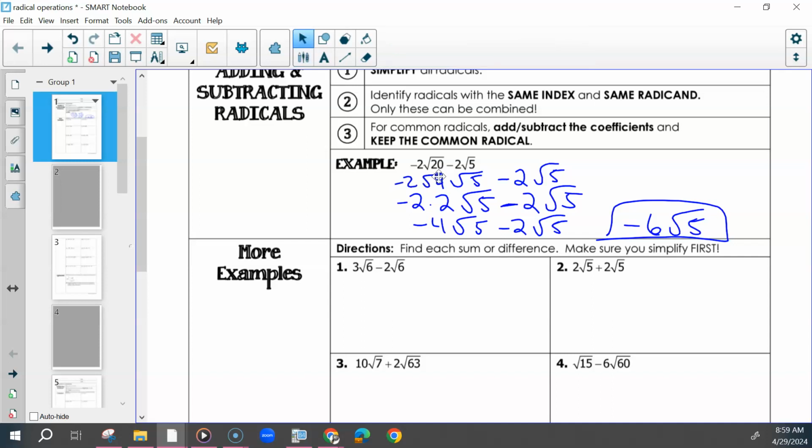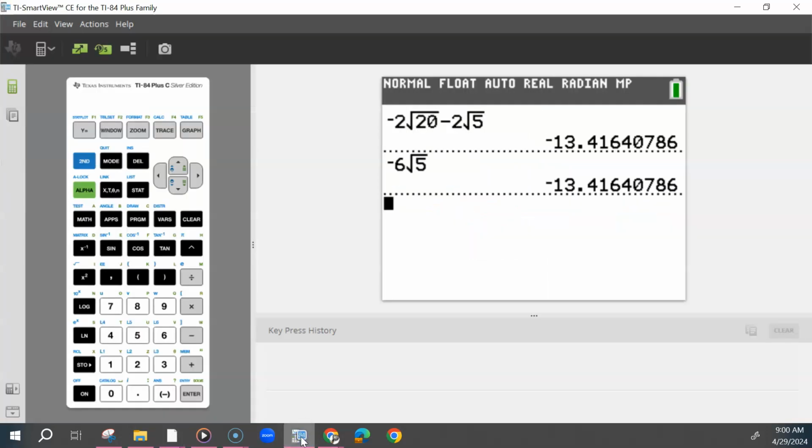So in a second, I will put that in to show that. So if I type in the original and I type in my final answer, the decimals match. And that's how I know that works.